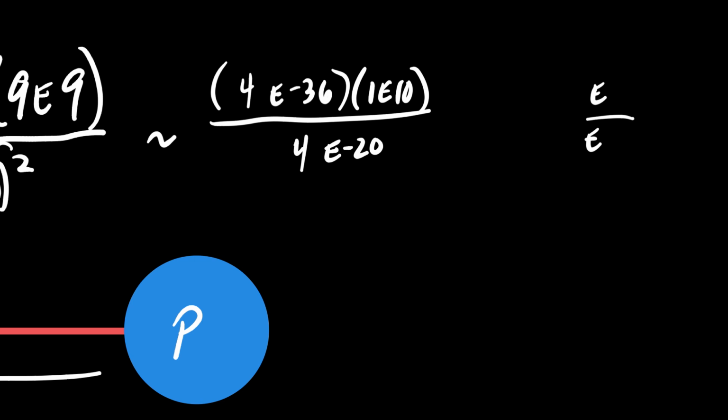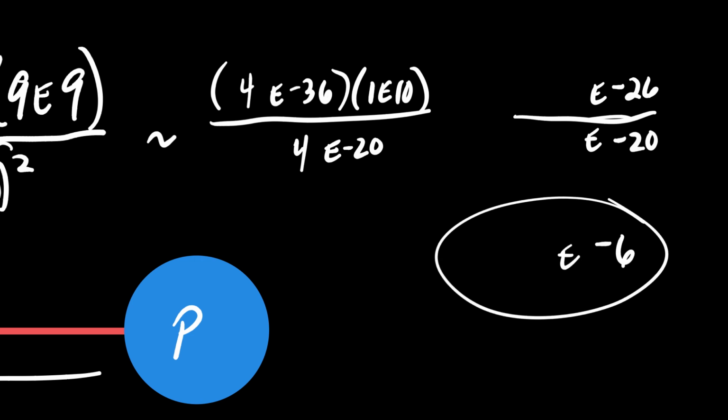So on the top, I've got negative 36 and 10 is negative 26. On the bottom, I've just got negative 20. And then negative 26 minus negative 20 is negative 6. I expect my answer to be about that big. Your exponent should be something around negative 6.